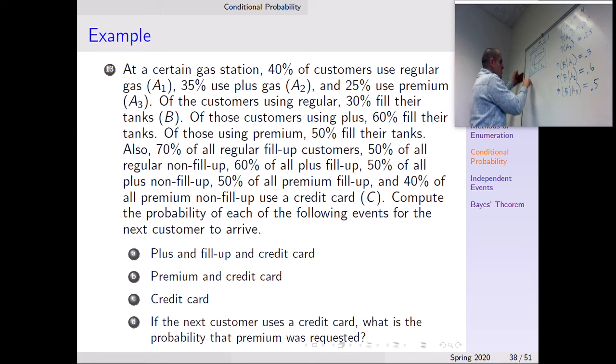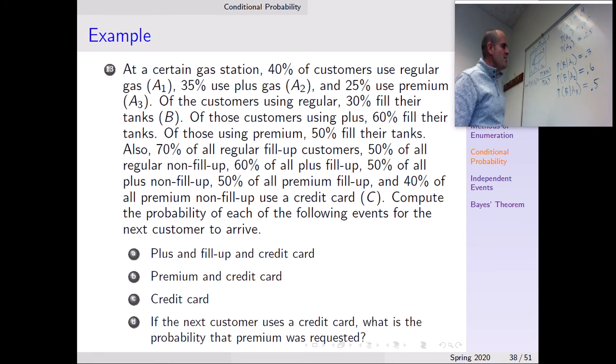The probability of B given A1 is the intersection of A1 with B, the probability of B and A1, divided by the probability of A1 itself. You want to take the proportion that this takes up of this, where A1 is like the new sample space. So that is equal to 0.3.